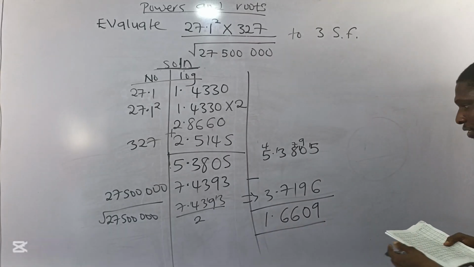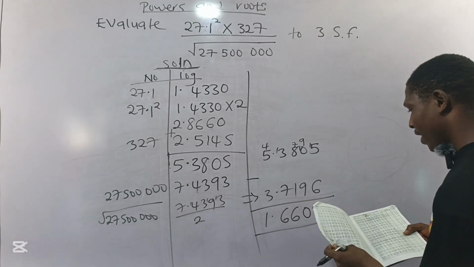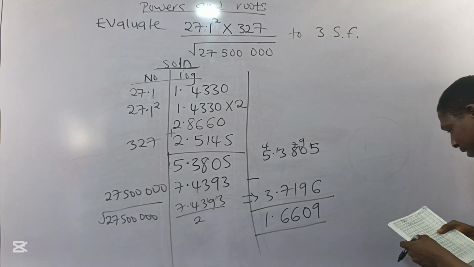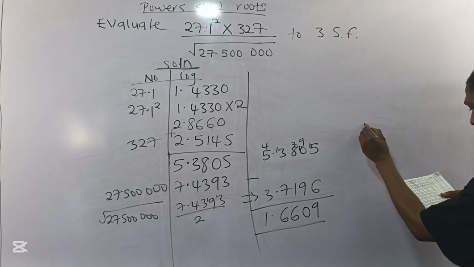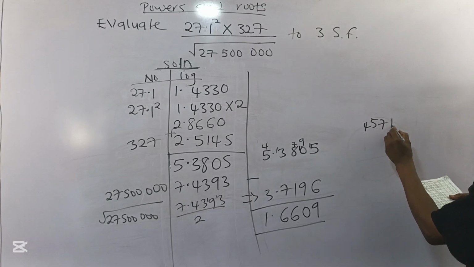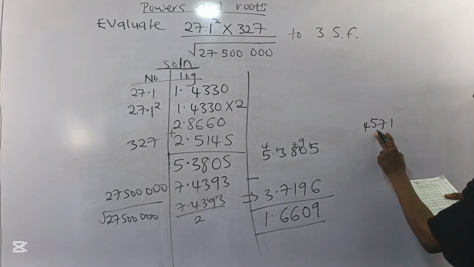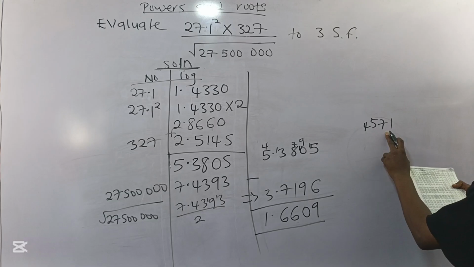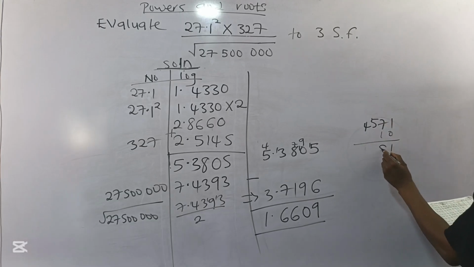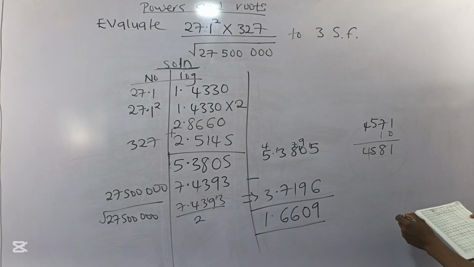So I'll look for the antilog of 66 under 0, difference 9. So antilog of 66 under 0 is 4571, and difference 9 is 10. If I add my difference, I'll have 4581.